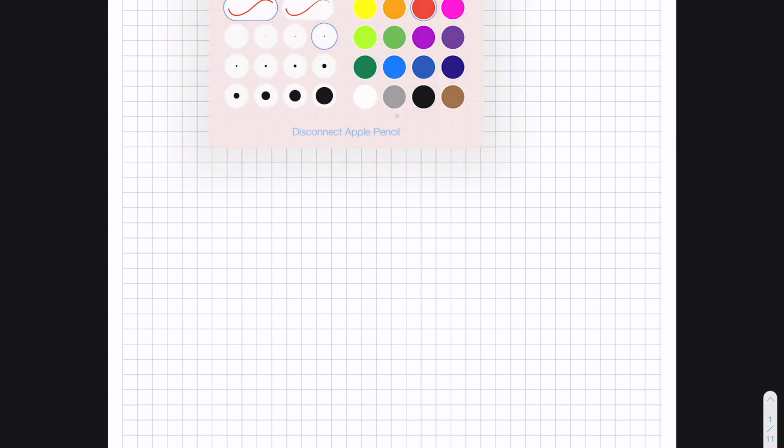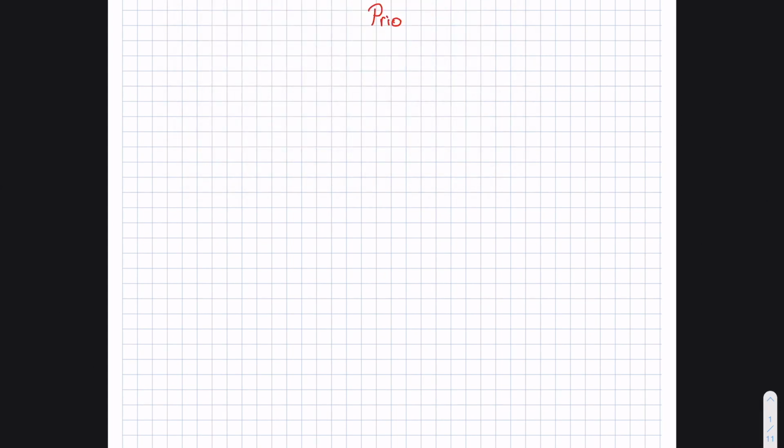So the priority, I'm gonna start from the highest to the lowest, for the new ones especially. The highest one that we know of is carboxylic acid. The second highest is gonna be esters.